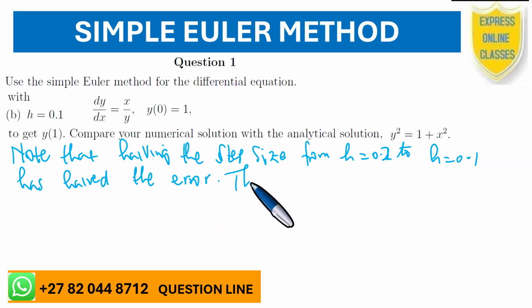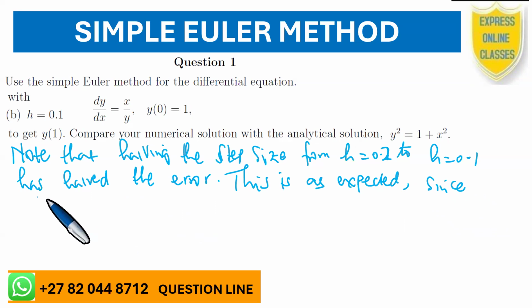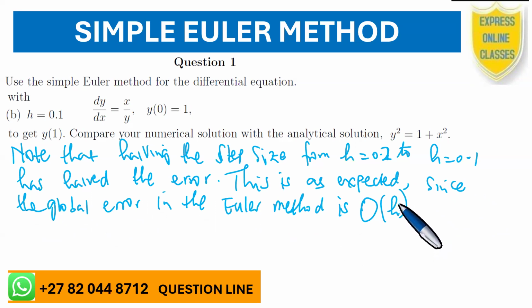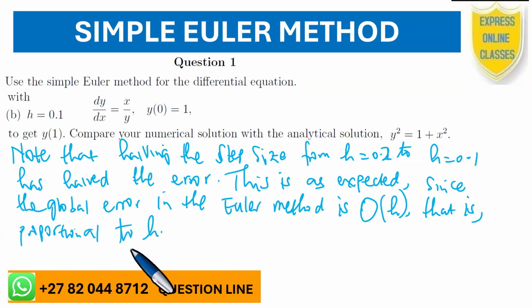This is as expected, since the global error in the Euler method is big O of h, and big O of h as the global error is proportional to h.